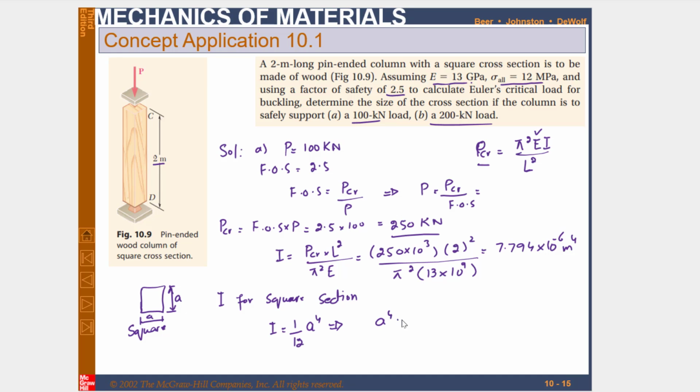So A to the power 4 will be equal to 12 times I. Now put the value of I: 12 into 7.794 into 10 raised to the power minus 6, and by using a scientific calculator you can find A, and this A will be equal to 98.3 millimeter.